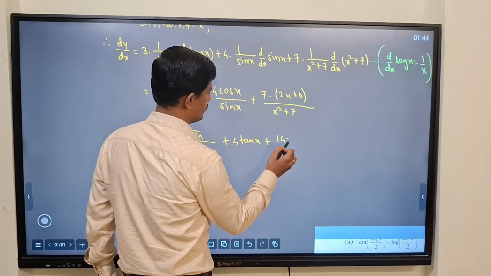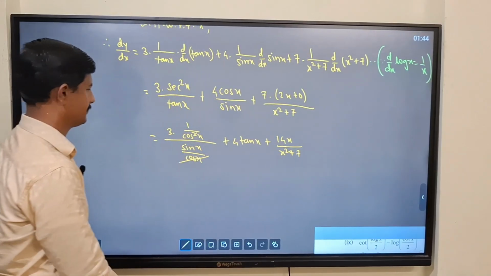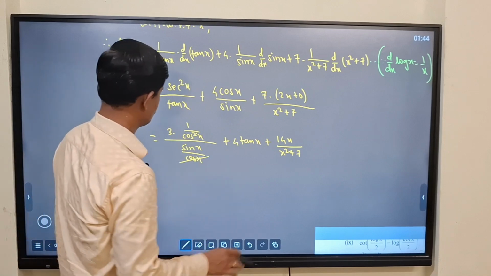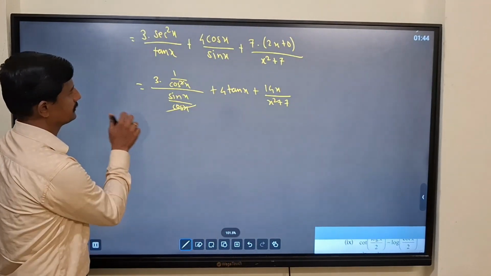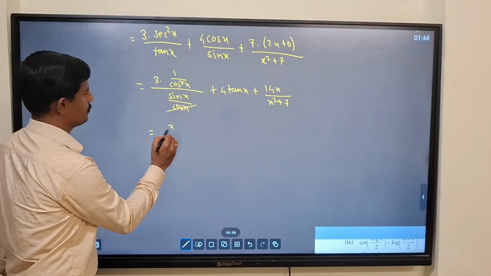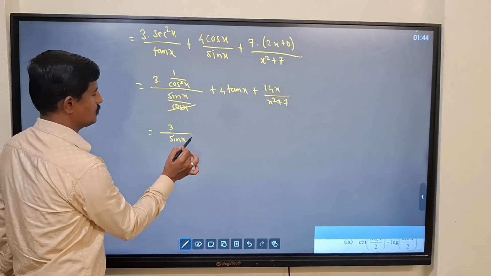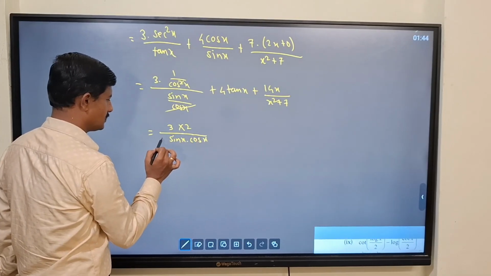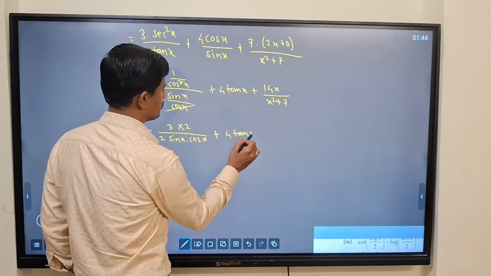This becomes 14x upon x square plus 7. Now I write down here. It will become 3 upon sin x into cos x. I will multiply these terms with 2 in numerator and denominator. Other terms as it is.